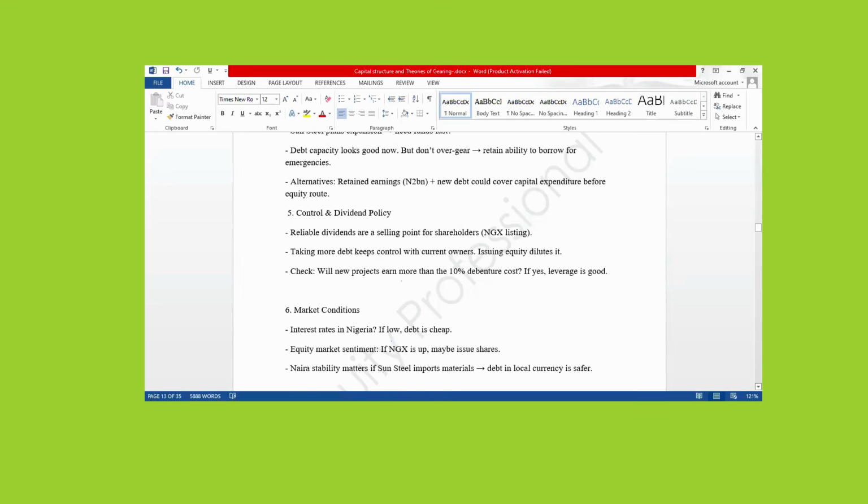This can be used as a selling point to issue more shares. But if you issue more shares, that can create dilution in ownership and control.